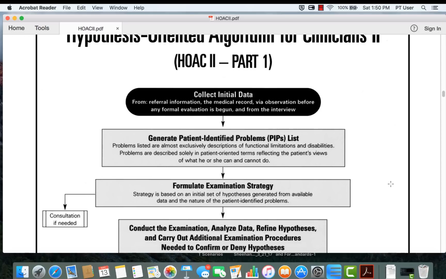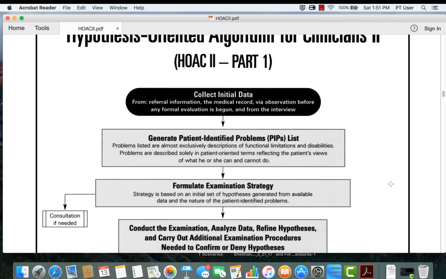And then perhaps most important, I would argue, we'll say equally important to the referral and the medical record is your ability to observe and see what's going on with that patient before you begin any formal evaluation.